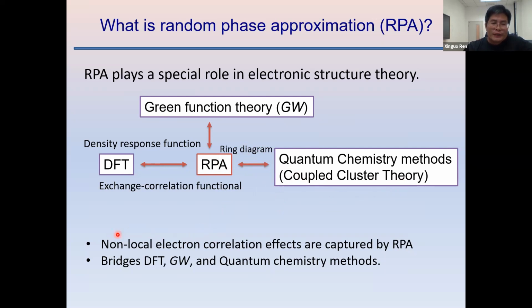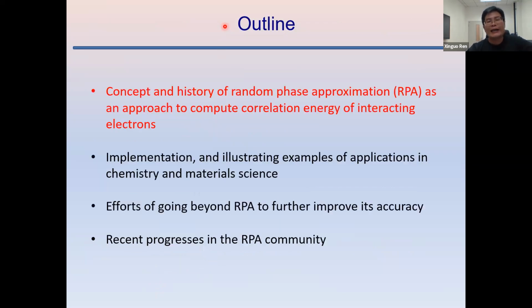In short, what we should know is that RPA captures non-local electron correlation. This makes RPA distinct from other density functional approximations, which normally treat electron correlation energy in a local or semi-local way. As this figure shows, it also bridges DFT, GW, and the quantum chemistry methods. This is a brief introduction.